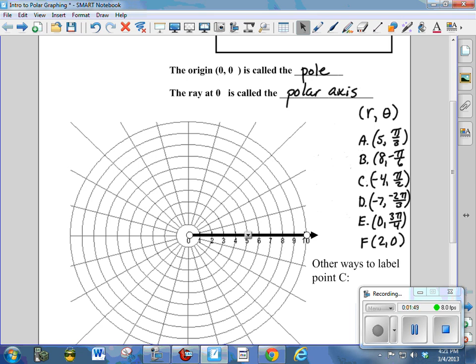So r is 10, theta is 0. Now if I move this around, r is still 10, and theta is 45 degrees. R is still 10, and now theta is 90 degrees. R is still 10, and now theta is pi, or 180.